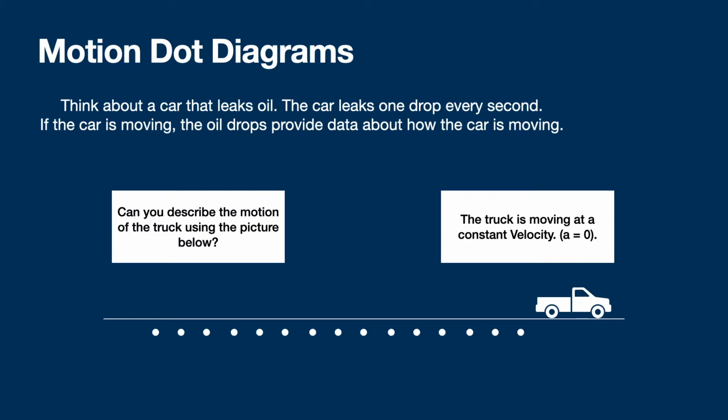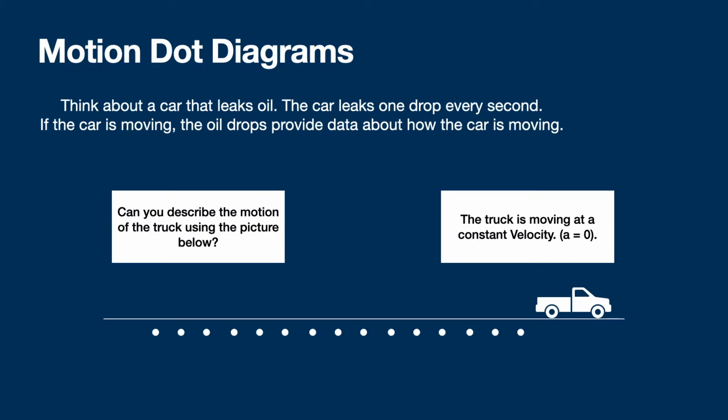So motion dot diagrams, think about a car that leaks oil. The car, let's just assume, leaks 1 drop of oil every second. If the car is moving, the oil drops provide data about how the car is moving. So in the example shown, we have a truck. We can see that the oil drops are evenly spaced, and what that tells us about the motion of the truck is that it must have been moving at some constant velocity.